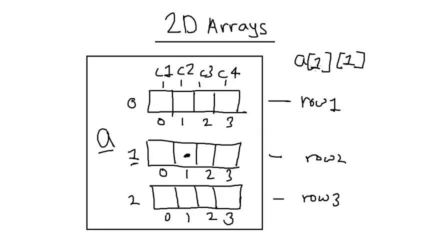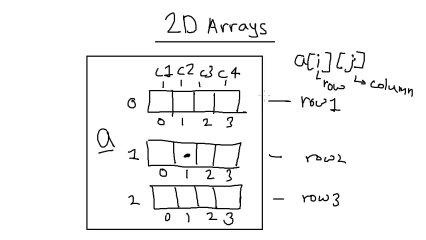So with this we can access this element. Let's generalize it and say I and J, where I stands for row and J stands for column.